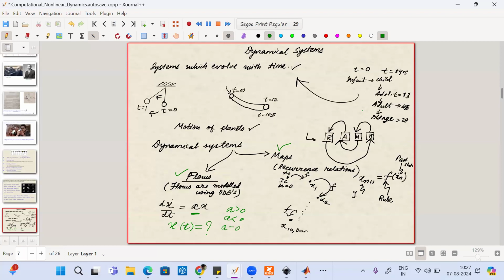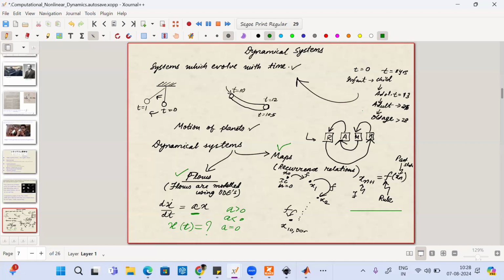What are maps? Maps are the discrete version of the system. These are known as recurrence relations. A recurrence relation is of this form: x_{n+1} = f(x_n). Here x_n is the state now. Say Akul's weight this year, maybe 90.